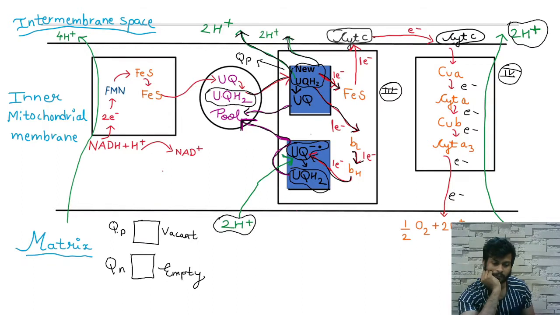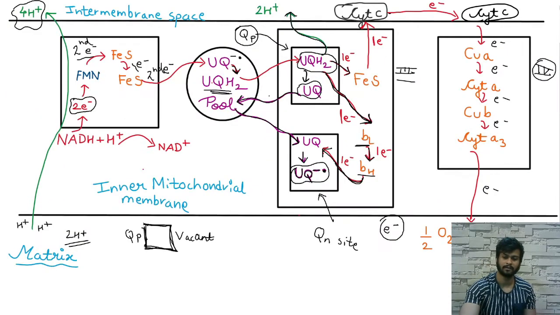Okay. So this QP site and QN site are now empty. Now the next cycle will again begin. This is the pool. From the pool, UQH2 will again come and bind with the QP site, and the story from here will again start.